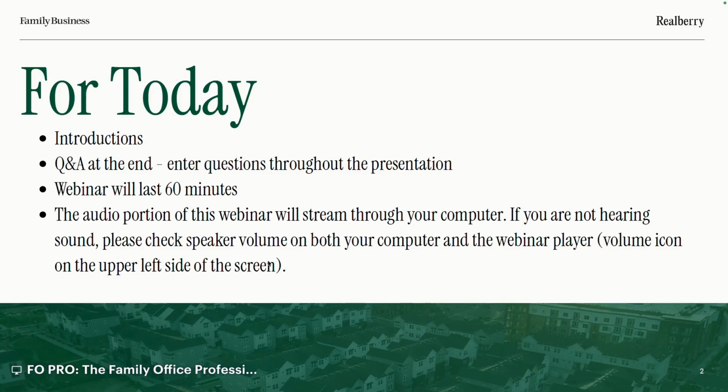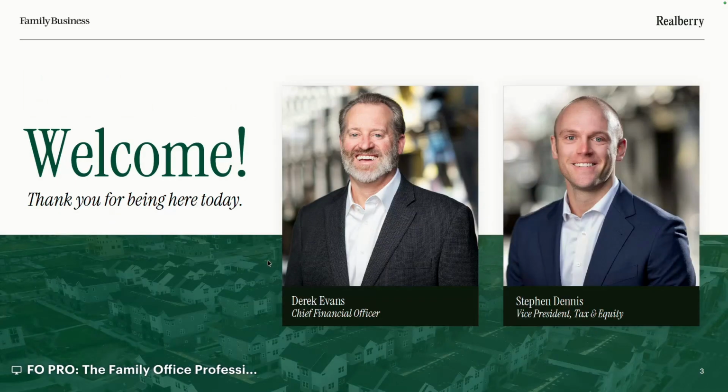I'm joined today by two experts in the commercial real estate area. They're Realberry's Derek Evans, who is the CFO of Realberry, and Stephen Dennis, Vice President of Tax and Equity. Derek oversees corporate finance, accounting, debt, capital markets, asset management, and fund management, and works closely with the company's executive leadership on enterprise-wide financial operations.